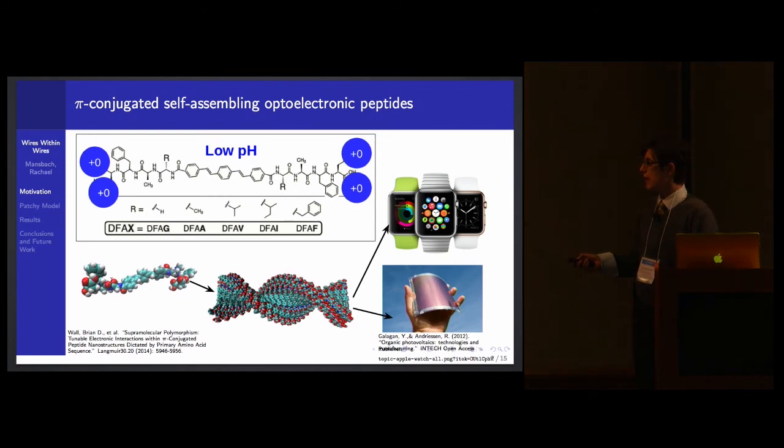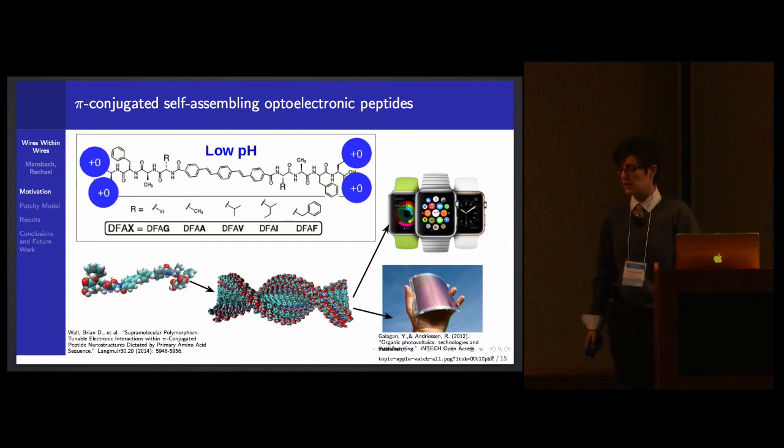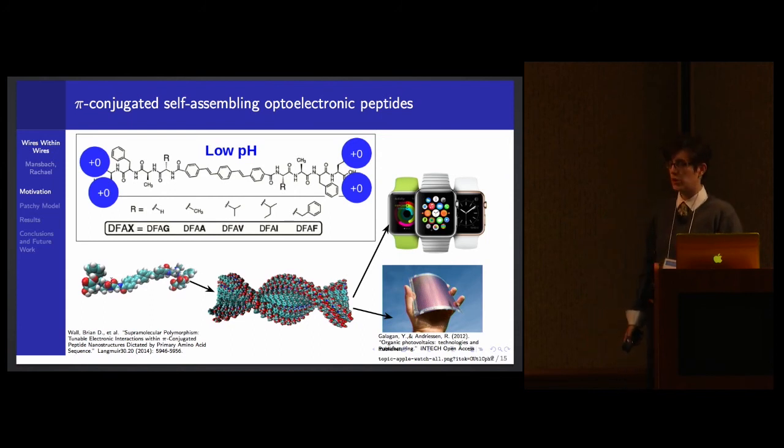And if the resulting aggregates are sufficiently ordered, that is, if there's sufficient overlap between the pi orbitals of these aromatics, then the electrons can delocalize down the backbone, and there will be some fluorescent properties, which makes these peptides nice candidates for bioelectronics, such as organic photovoltaic cells, organic light-emitting diodes, or biocompatible pH sensors.